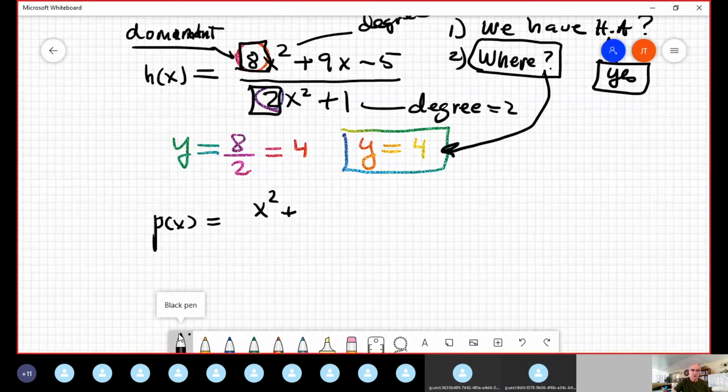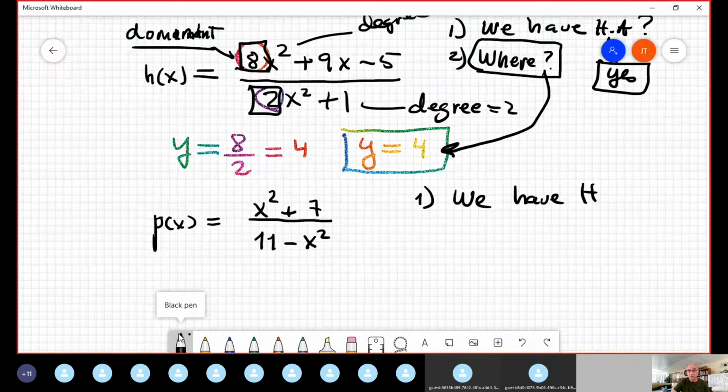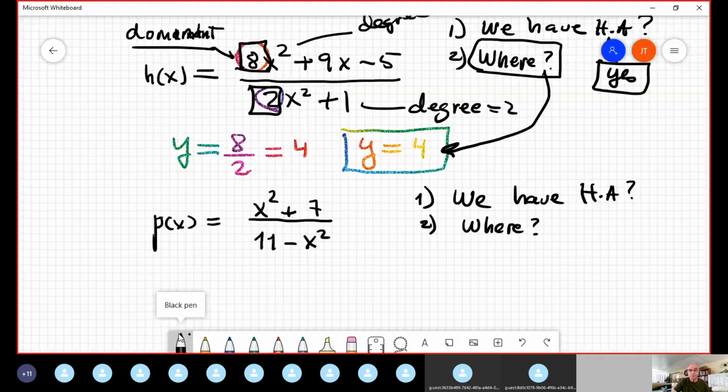Dominant term. Suppose this example, p of x is equal to x squared plus 7 divided by 11 minus x squared. Again, number one, do we have a horizontal asymptote or not? And number two, where? Help me. It's a yes or no question. Yes.